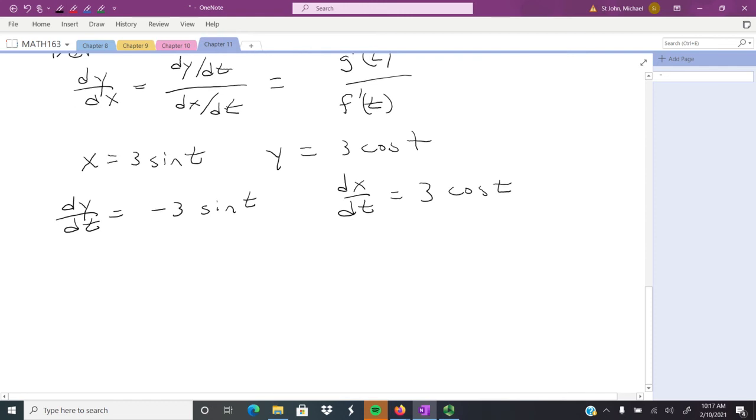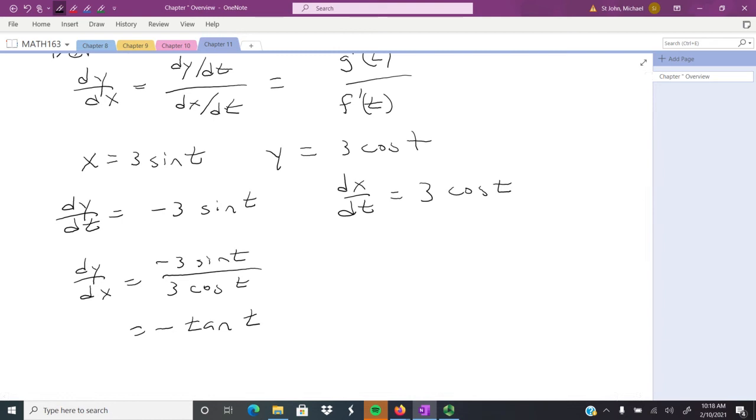And so dy dx is going to be minus 3 sine t over 3 cosine t. And this will simplify to negative tangent t. So parametrics. All right.